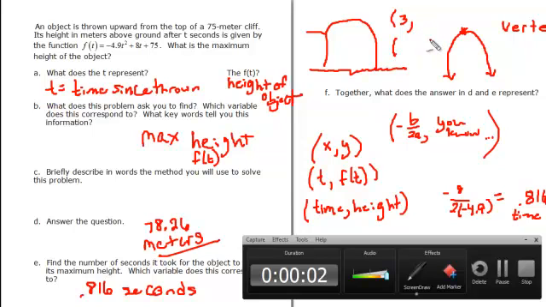Or if I ask you how many seconds does it take to reach 50 feet, then we're going to put 50 in for the y, and you're going to solve for the t. So right here, keep this in mind. That'll help you determine what you're looking for. Now go ahead and do the rest of them and make sure you check your work.